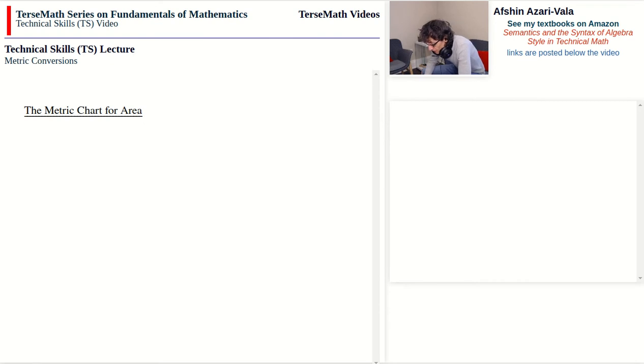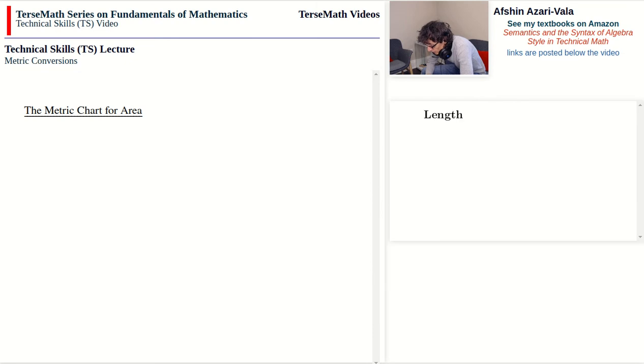Alright, the next topic is the metric chart for area. Now when it comes to area, in order for me to explain how this works, I will give you a summary of what we got with length, because the concepts with length will generalize to area.